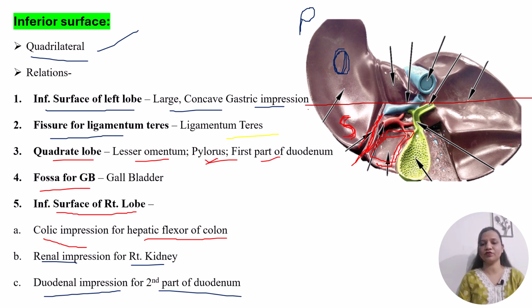Then there is the fossa for gallbladder, which is related with the gallbladder. And then there is the inferior surface of the right lobe, which has three impressions. First one is the colic impression for the hepatic flexure of the colon. Then there is the renal impression for the right kidney, and then there is the duodenal impression for the second part of the duodenum. Moving on.